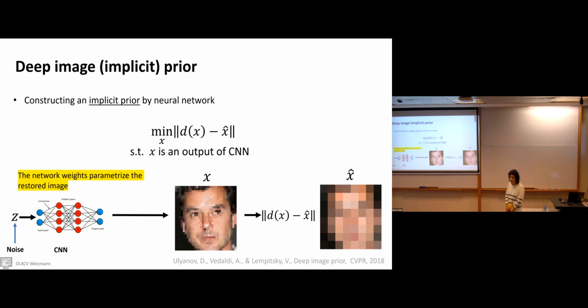You did try also to add the regularization? No regularization, nothing. The only regularization is an output from a convolutional neural network with a certain architecture. Not every architecture is okay. This is the idea. And this was the first work that used implicit representation of the signal using the weights of the neural net.